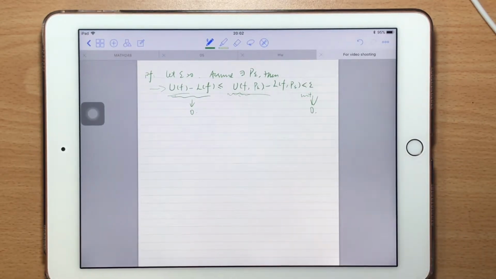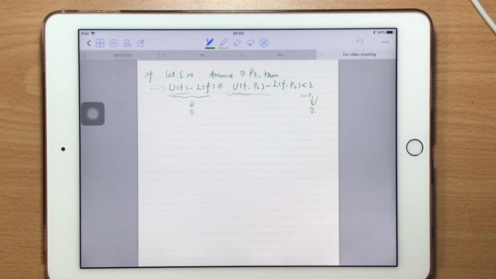On the other hand, if we are given that this function is already integrable on AB, how are we gonna prove that UF(P epsilon) minus LF(P epsilon) is smaller than epsilon? It's again an inequality, and the first hint is that you use the triangle inequality, a very common way to prove such integral inequalities.